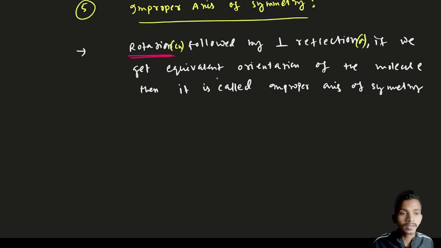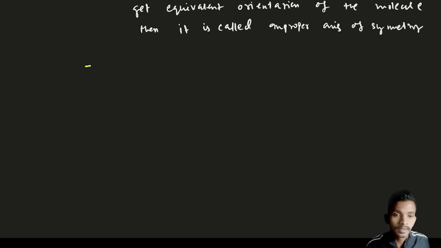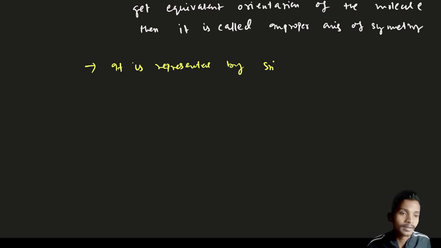After applying these two symmetry elements, if you get an equivalent orientation of the molecule, then that operation is called an improper axis of symmetry. It is represented by Sn.